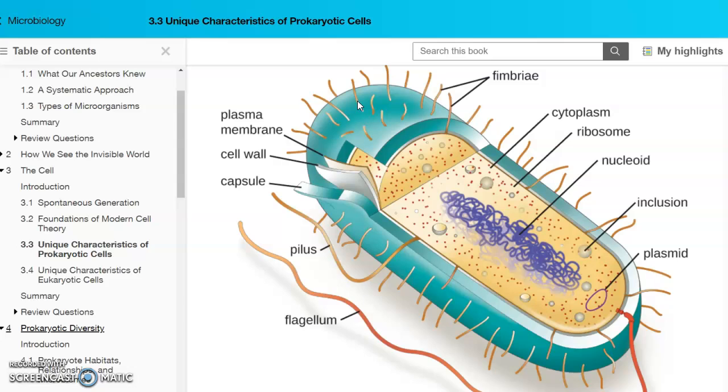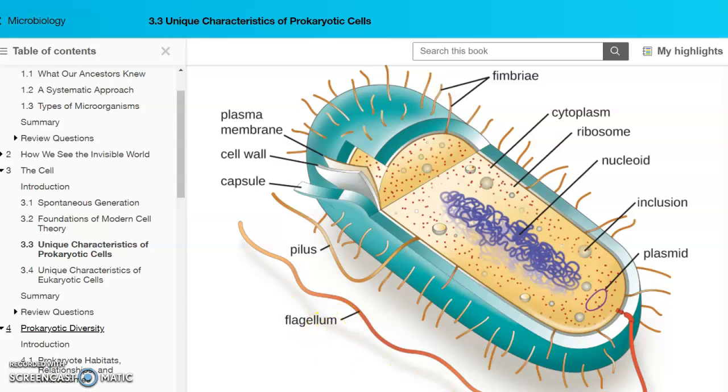I kind of think of the fimbriae almost like Velcro, that it allows the cells to be able to stick to structures. We have this pilus here, can be used for different things. A lot of times what we see with the pilus is it's used for conjugation. It's used for allowing bacterial cells to swap DNA.